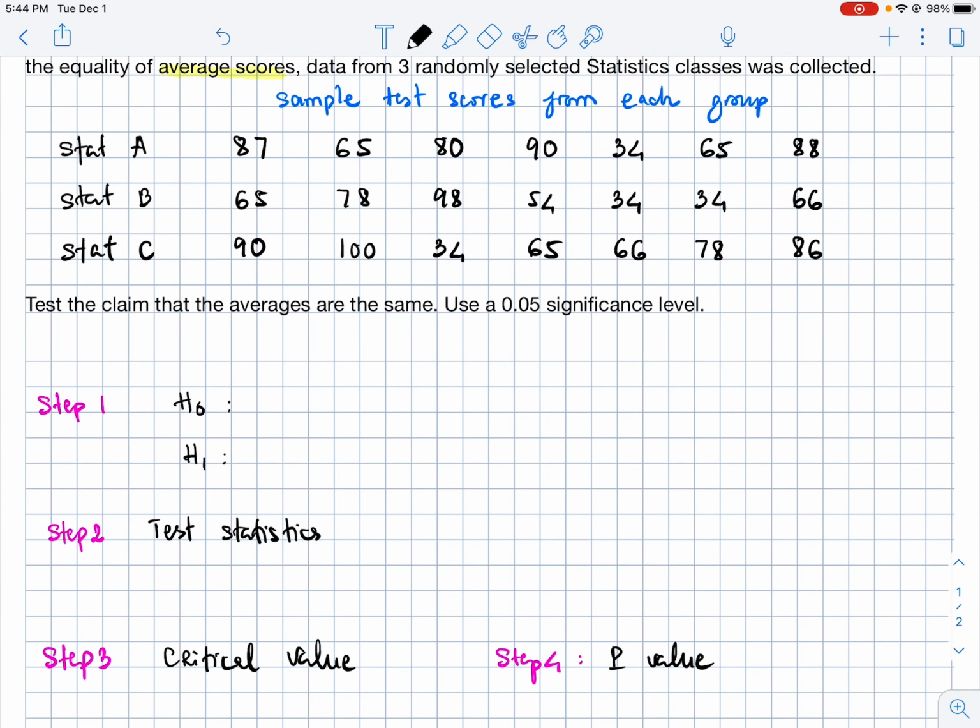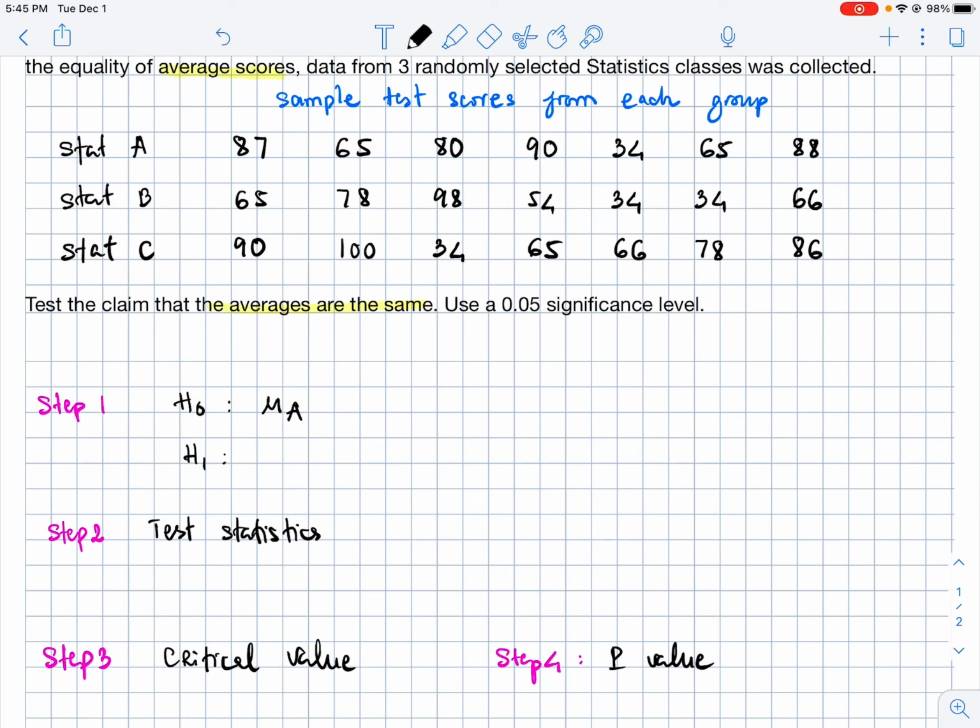Step number 1 is that we want to set the averages equal. So I'm going to call mu A the average test score for the whole class A. We are getting only 7 students, but we should have more students in that class.